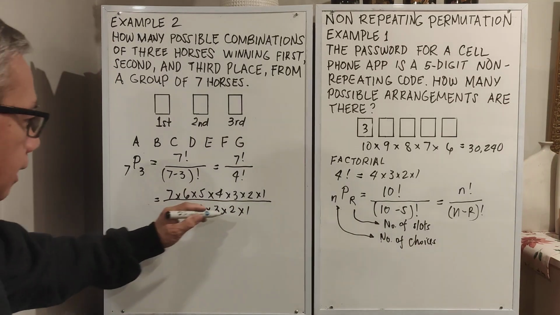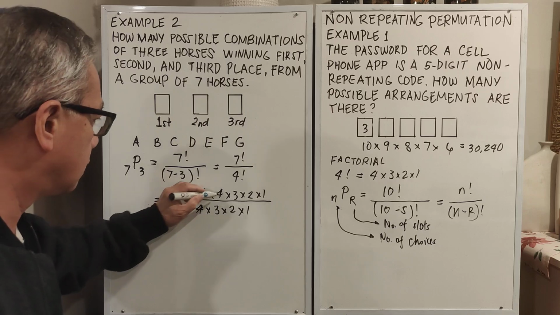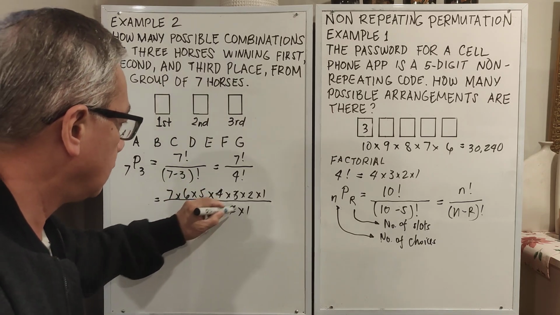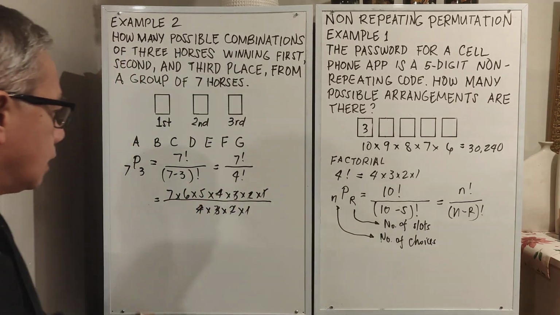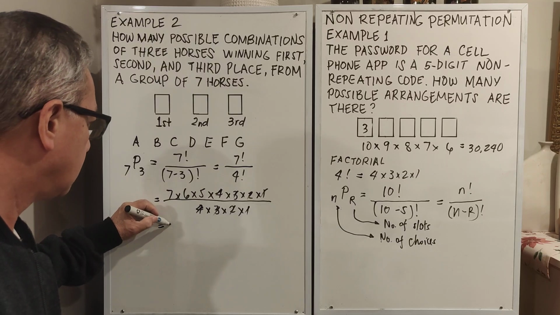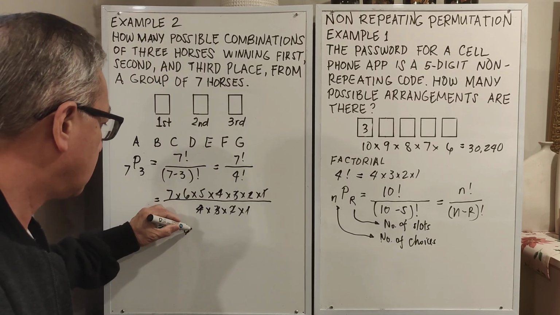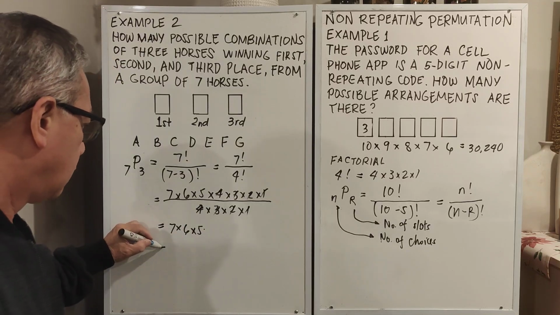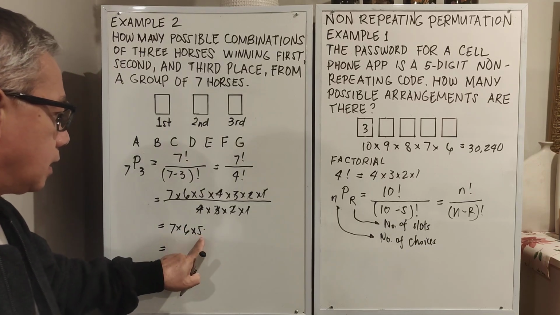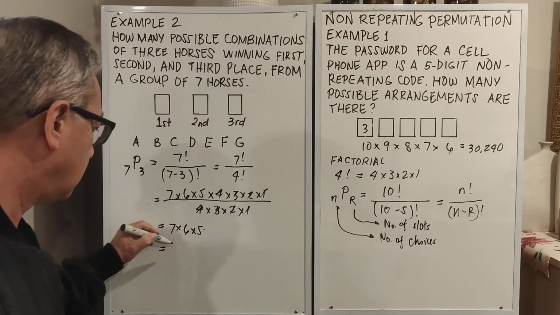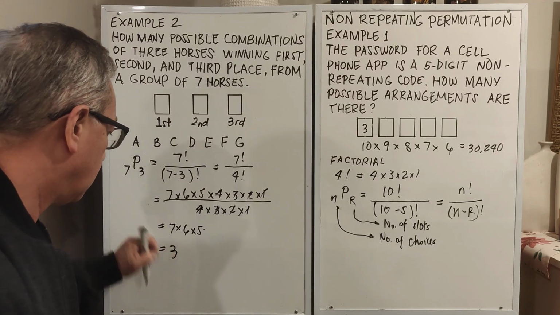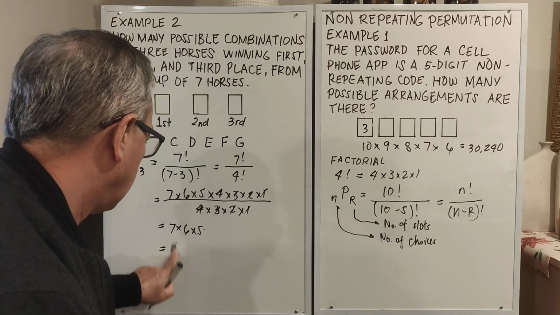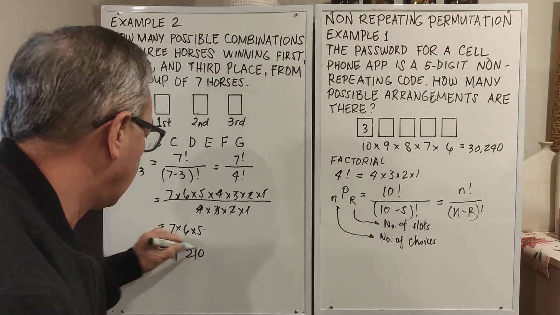Now we can cancel the same numbers, so this is cancelled, this is cancelled, this is cancelled, this is also cancelled. What we have left is 7 times 6 times 5, that's it. So that is 5 times 6 is 30, times 7 is 210.